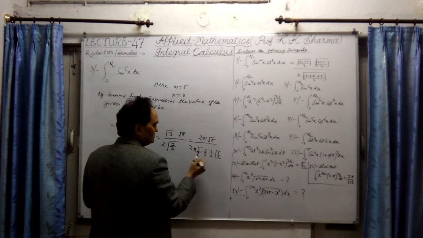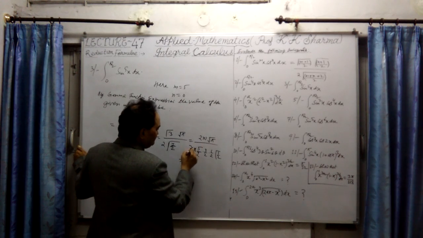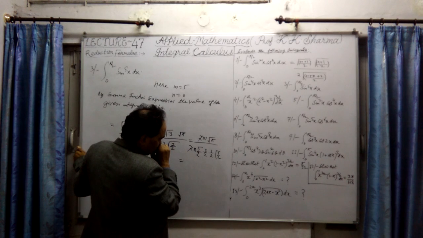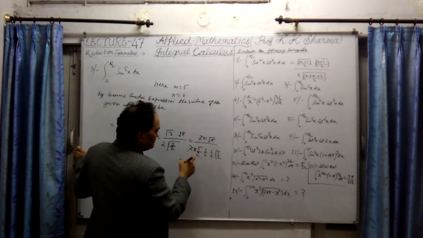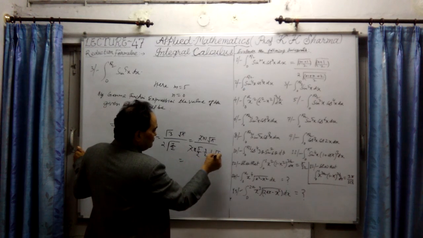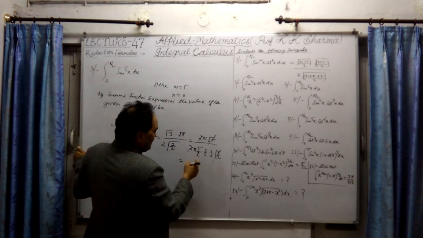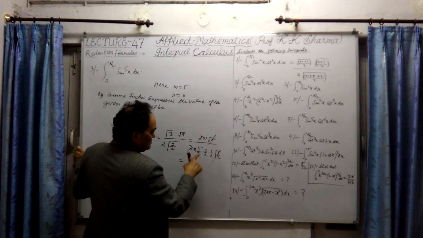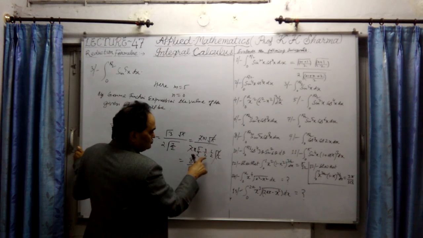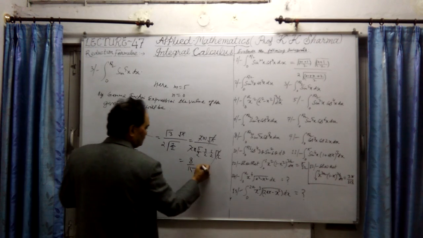This 1/2 gamma is root pi. So the 2 cancels out, and the 4 to the 8, 8 will come in the numerator, 15. This root pi and root pi cancel out. So 8 upon 15. The 2 to the 4, 8 will come in the numerator, 8 upon 15 is the answer.